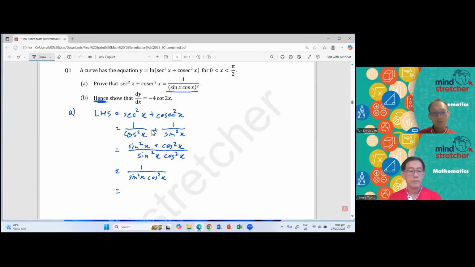So this will be equal to 1 over (sine x cosine x) squared, which is also equal to your RHS, right hand side. Okay, shown, proven.